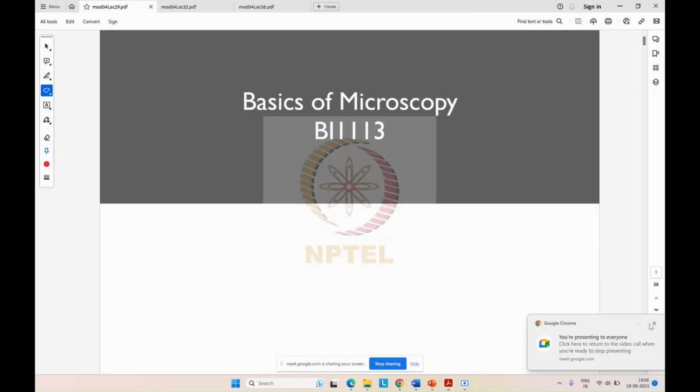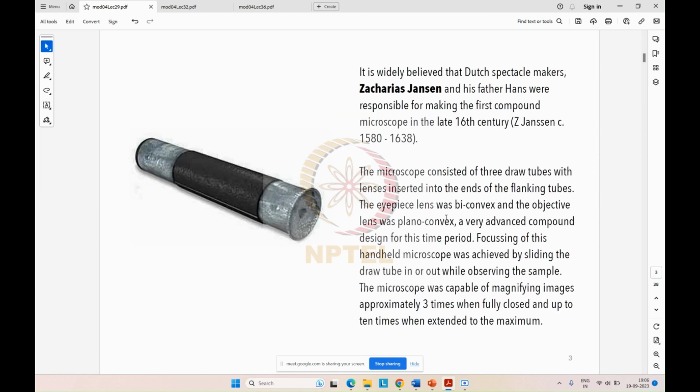Okay. So this week, sir has discussed some of the basics of microscopy, and he has sort of ventured into what the structure of a cell looks like. Coming to the basics of microscopy, this is one of the first microscopes that was made, by Zacharias Janssen.